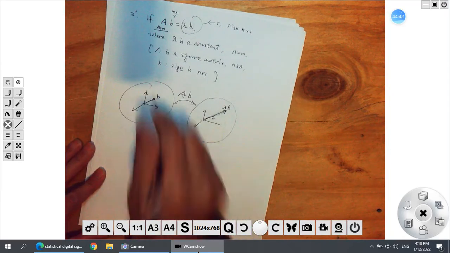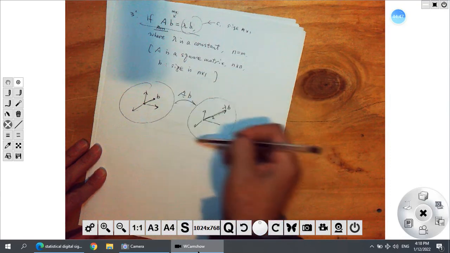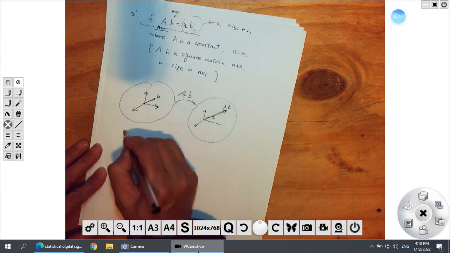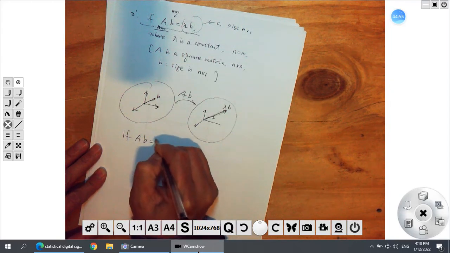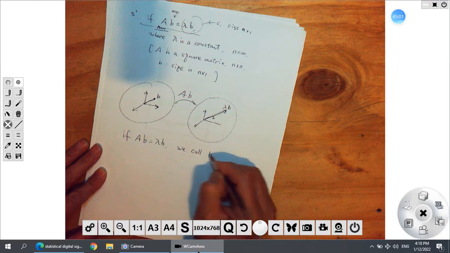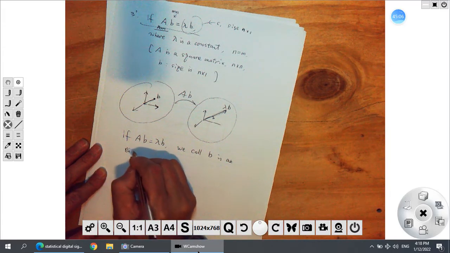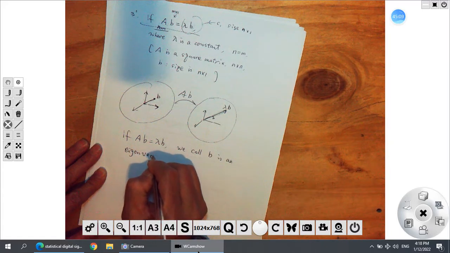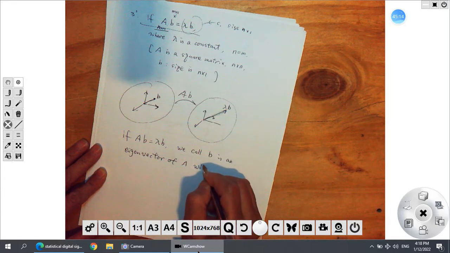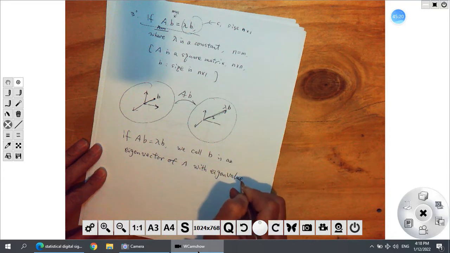If we have this one, okay. I'm explaining the meaning of this equation. If A B equals lambda B, we call B an eigenvector of A with eigenvalue lambda.